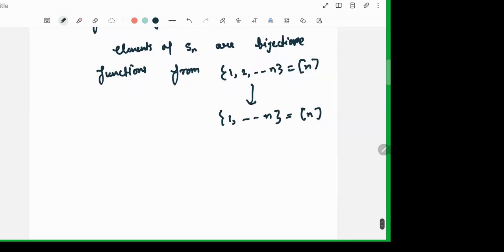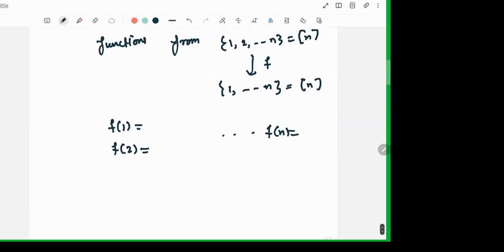Now if you have any function, let's say f, f will take some value at 1, some value at 2, any bijective function, some value at f2, f1, f2, and so on, some value at fn. Now this is bijective, so it takes all values of the codomain, and injective, so different values go to different values. Suppose at 1 it takes some value k, so you can write it in cycle form.